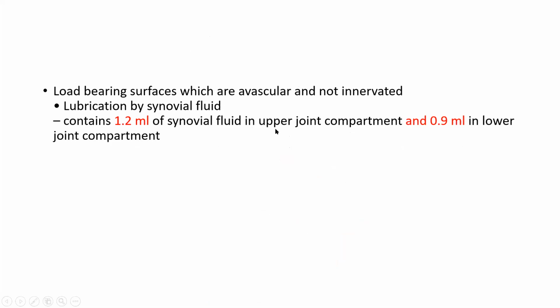The load-bearing surfaces of the condyle are avascular and not innervated, and they are lubricated by the synovial fluid. The amount of synovial fluid in the upper compartment is generally 1.2 ml, whereas in the lower compartment it is generally 0.9 ml.